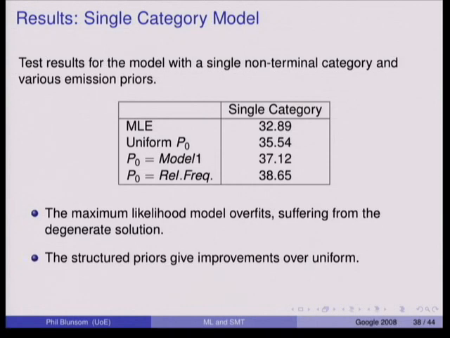So the ability to add interesting priors like this is quite a nice property of these sort of models, the fact that we can add this prior information into the distributions. The relative frequency estimator is not a proper generative model in any sense, but we can still use it within a nicely behaved model in this way.